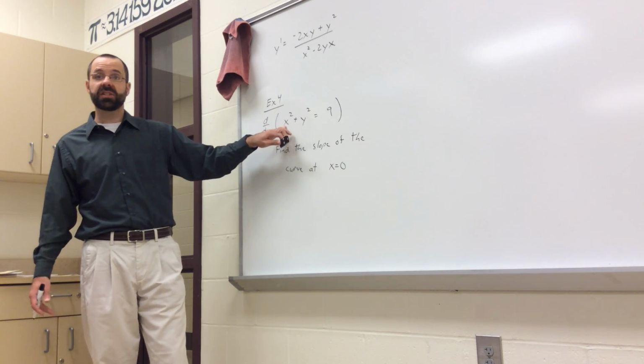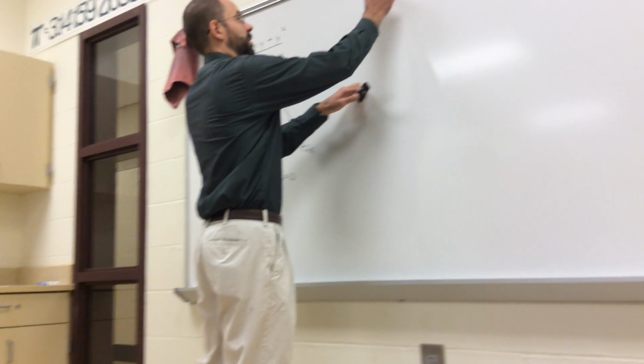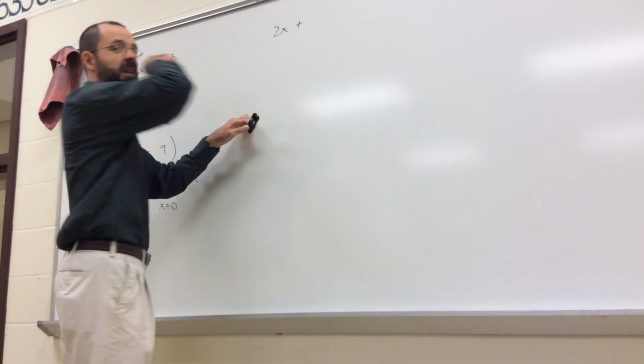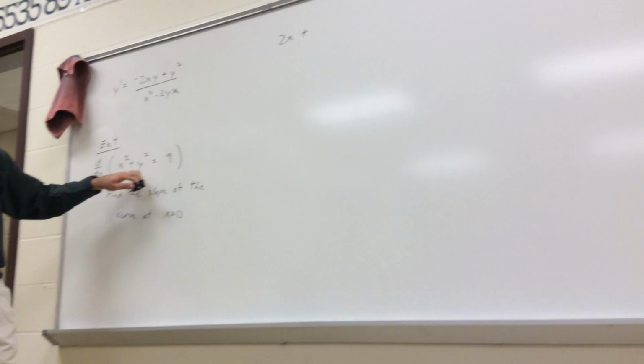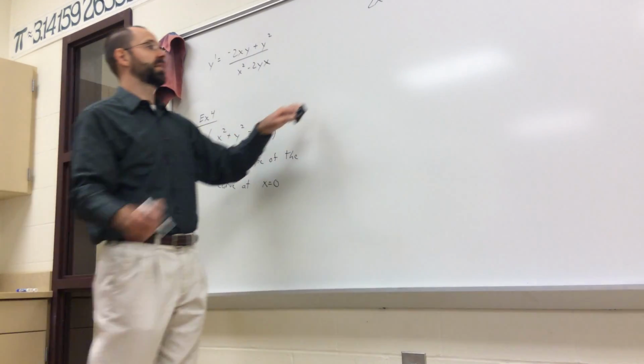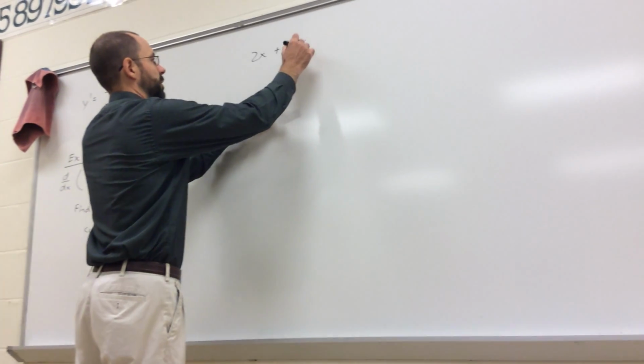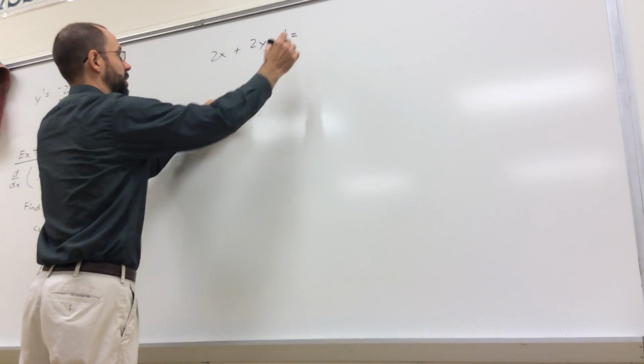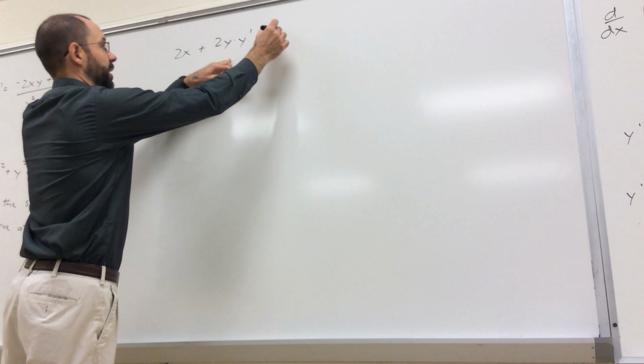Okay, so the derivative of x squared is 2x. And then the derivative of y squared is a disguised chain rule. It's 2y times y prime. And the derivative of 9 is 0.